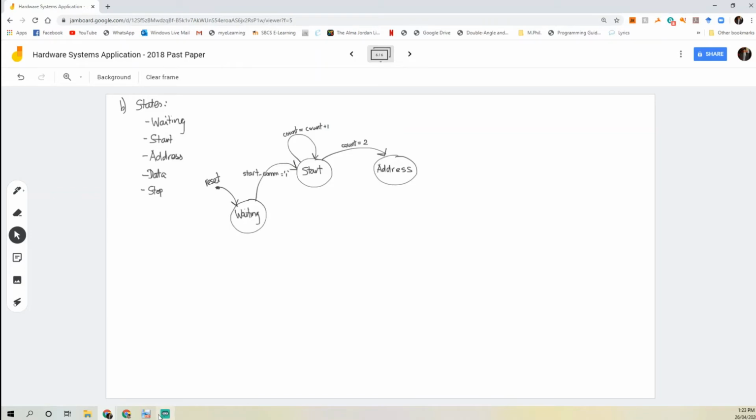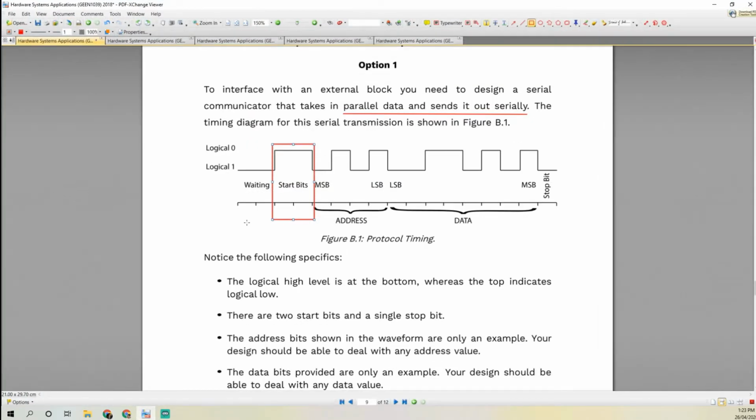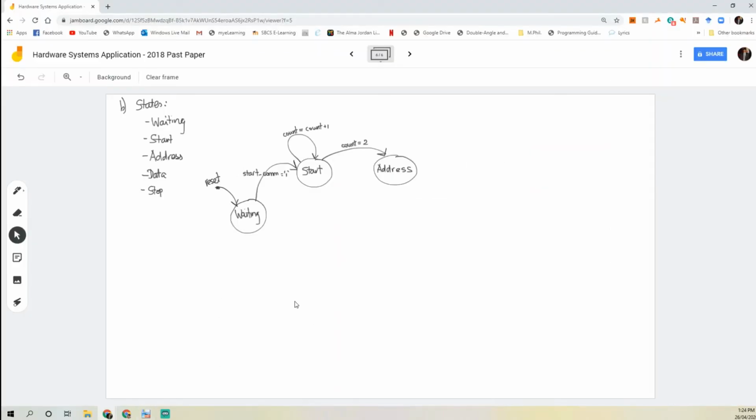Using that same logic of checking how many clock cycles have passed, we need to count when these 4 bits are sent out before actually sending out my data, right? And to do that, we see that these are 4 clock cycles here. So again, I could just check the counter here, right?